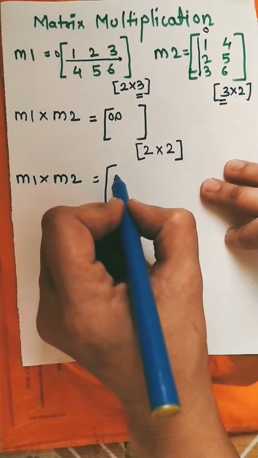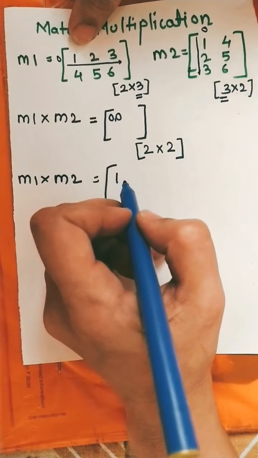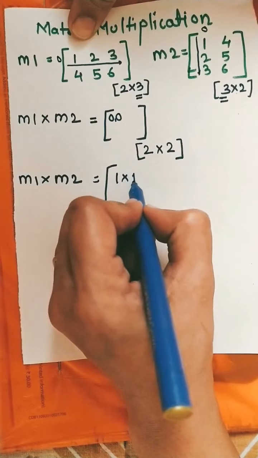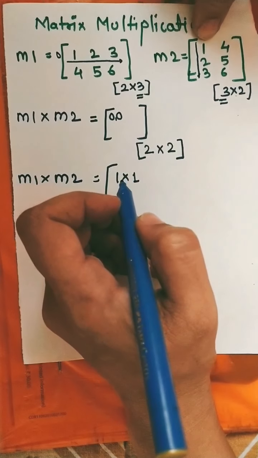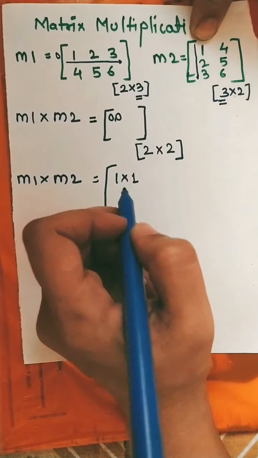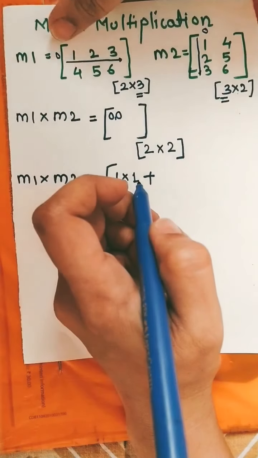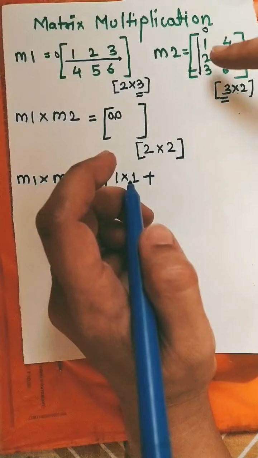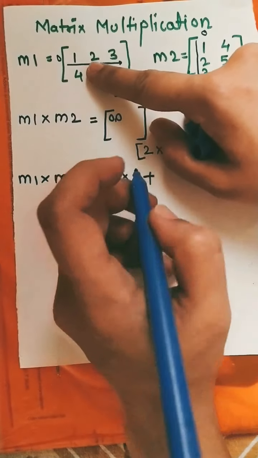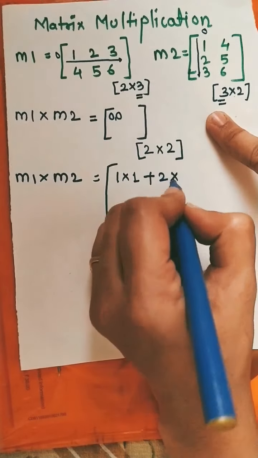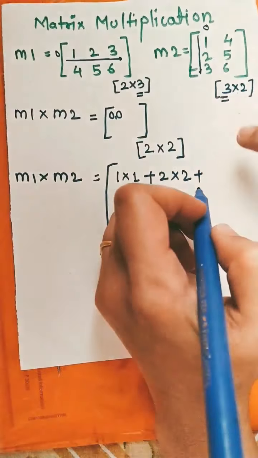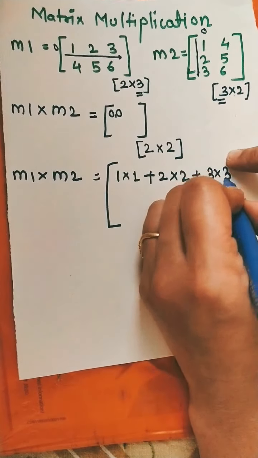So here I will show you: the 0th row, 0th column element of M1 into the 0th row, 0th column element of M2, plus you shift the column in M1 and shift the row in M2. So second, 2 into 2 plus 3 into 3.